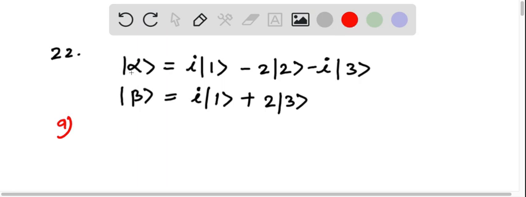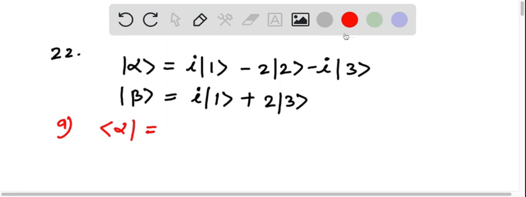We have to construct the bras, that is the complex conjugate of this |α> and |β>, in terms of the bras <1|, <2| and <3|. We first find the bra α in terms of the kets given, then in terms of the bras <1|, <2| and <3|.